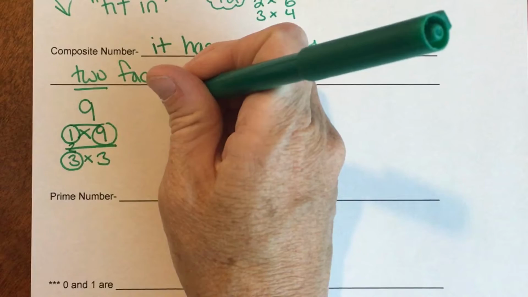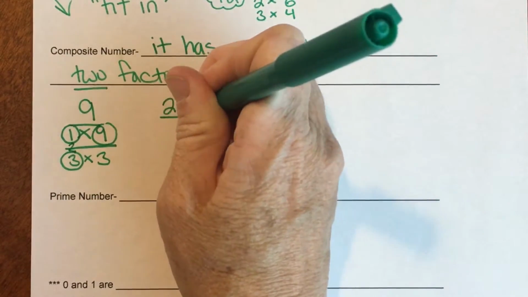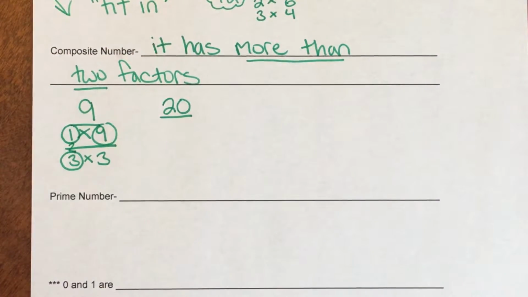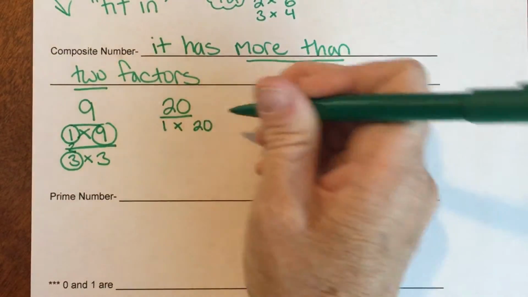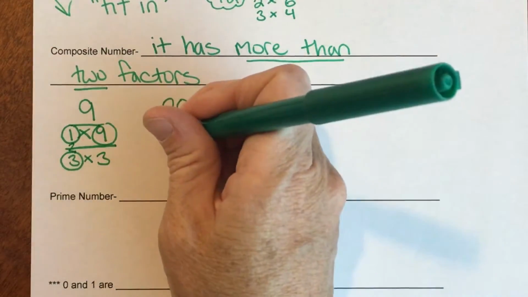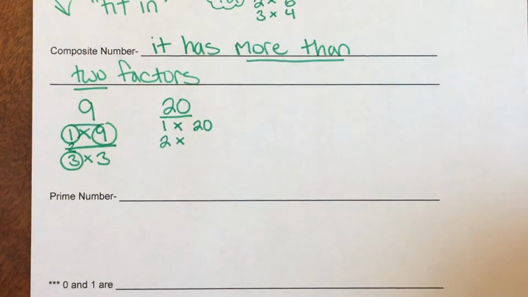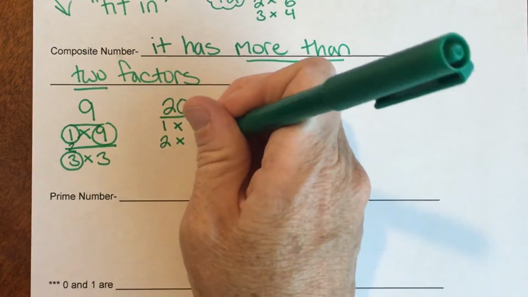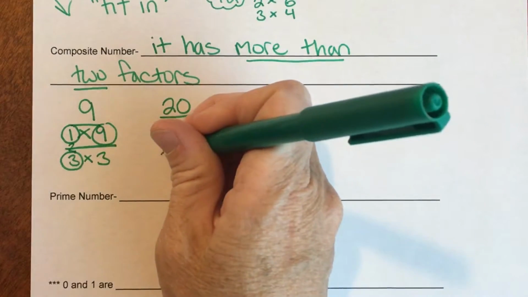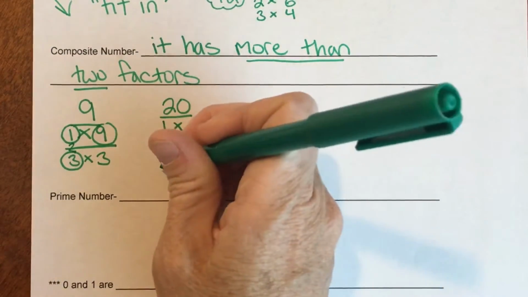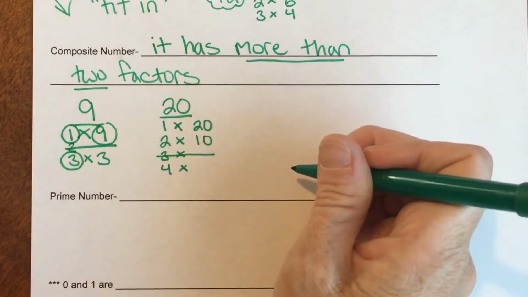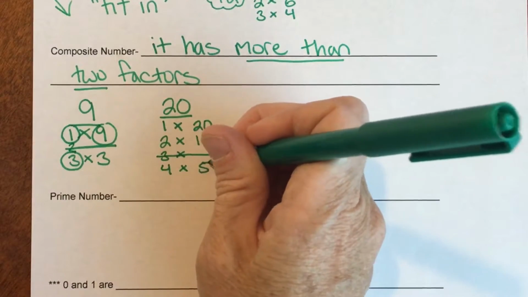Okay, let's try 20. For 20, let's start with 1. 1 times 20. Let's try 2. 2 times 10. Let's try 3. 3 didn't work, so let's cross it off. 4 times 5.